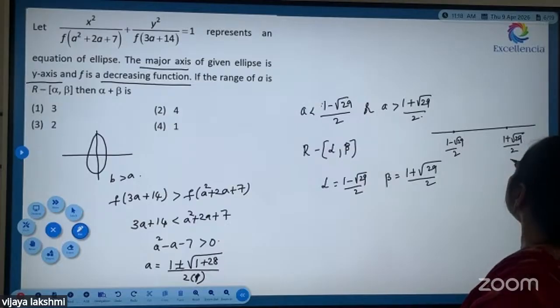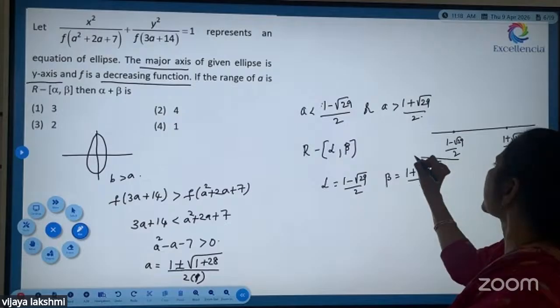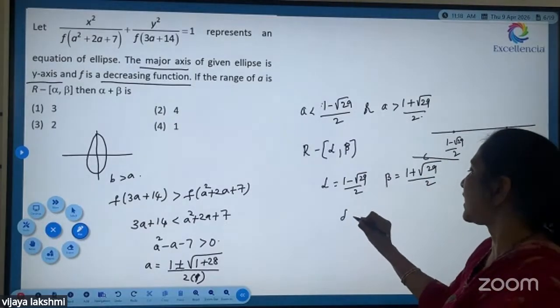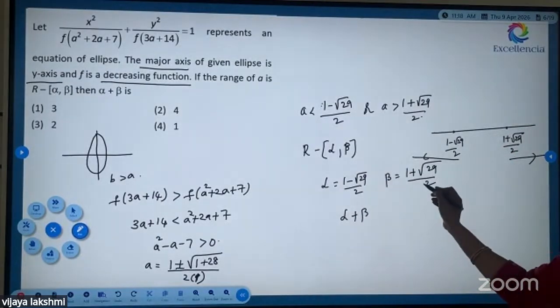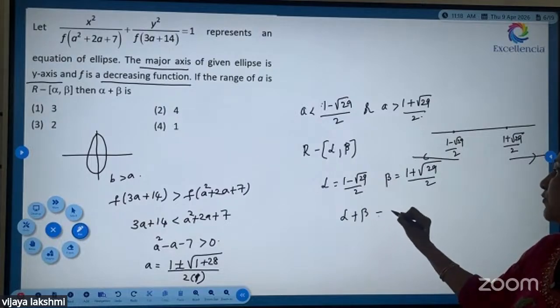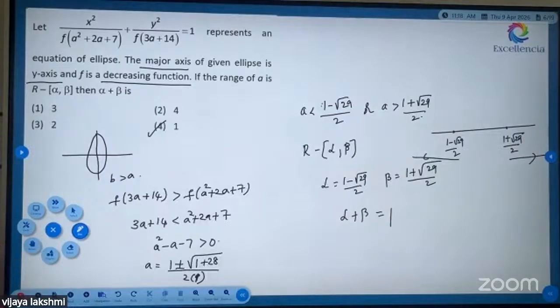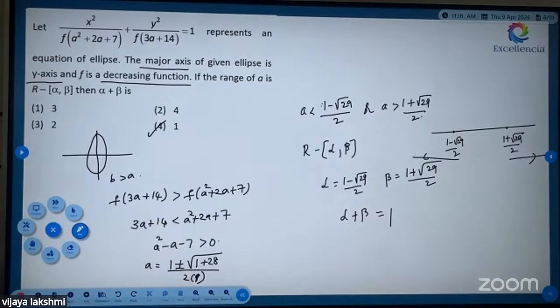Just by adding these two, root 29 and root 29 get cancelled, and 1 plus 1 is 2. Yes, the answer is 4. If you know the decreasing function concept, the calculation is not so big and you can easily get the answer.